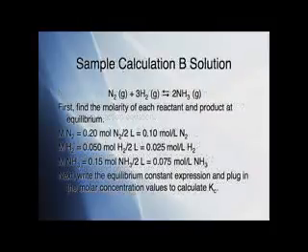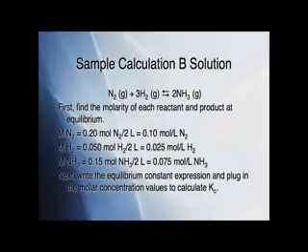Our first step in solving this is to find the molarity of each of the reactants and products at equilibrium. So we need to take the number of moles of each gas and divide it by the volume of the container, which is 2 liters, which is what we do here. So the 0.20 moles of N2 divided by 2 liters gives us a concentration of 0.1 mole per liter nitrogen. 0.050 moles of hydrogen divided by 2 liters gives us 0.025 moles per liter of hydrogen.